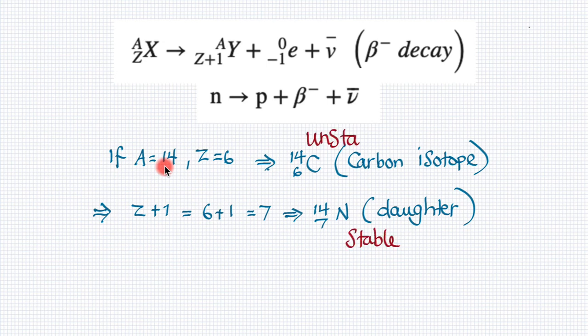And let's face it, the proton number determines the type of element, and 14,7 nitrogen is a more stable version of the 14,6 carbon, and that is the purpose of spontaneous decay, so that the actual nucleus finds its optimum stability.